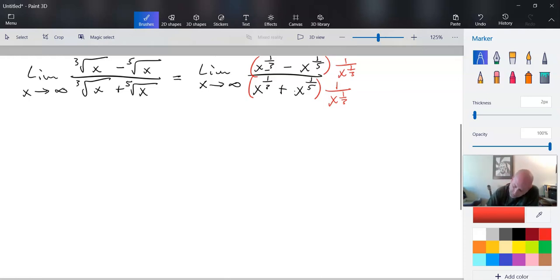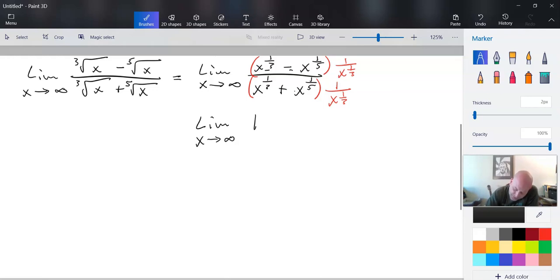Okay, so multiplying this in, and I'm going to leave a lot of the in-between steps for you here. x to the 1/3 divided by x to the 1/3 ends up being 1.